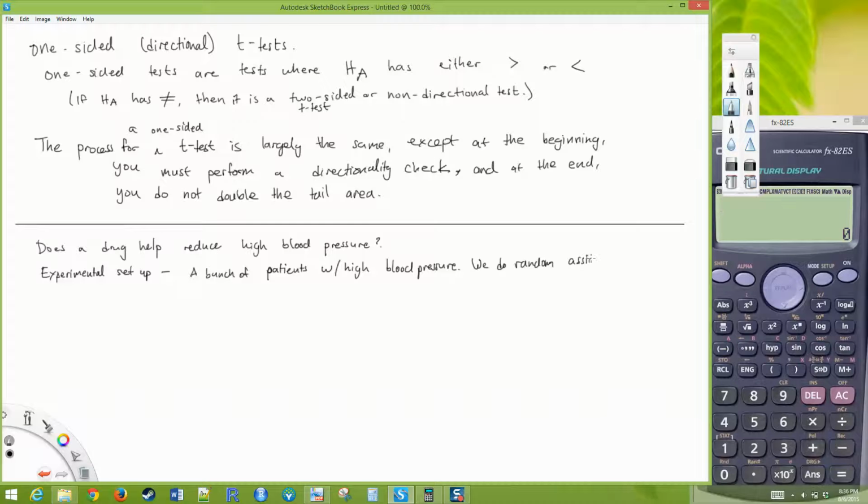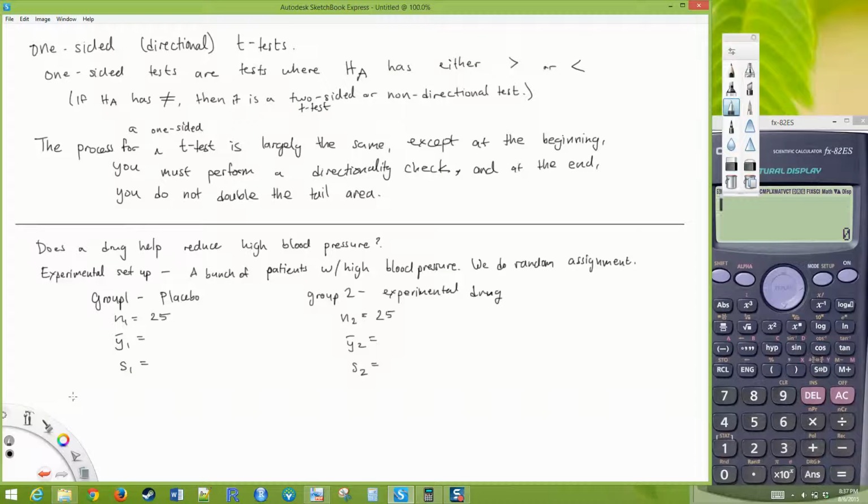So we get group 1 gets the placebo, and group 2 gets the experimental drug. And let's say we get 25 in group 1, and in group 2 we also have 25 patients. Y bar 1, Y bar 2. I'll fill in these numbers in a moment here, okay? In S2.